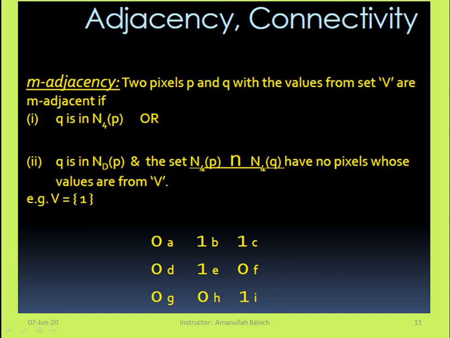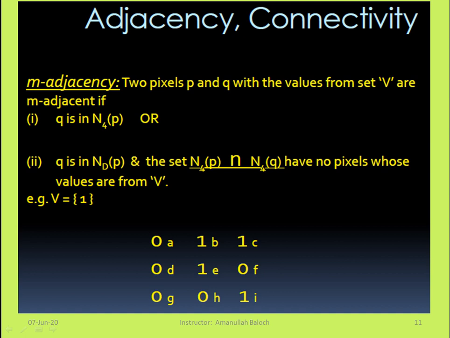Two pixels P and Q with the values from set V are M adjacent if, first condition, Q is in N4 of P. P is the actual pixel whose adjacency is going to be found, and Q is the neighboring pixel which we have to find whether it is adjacent to P or not.